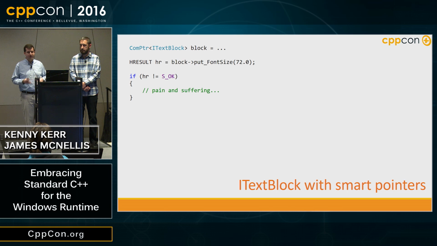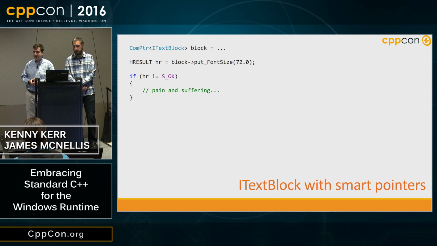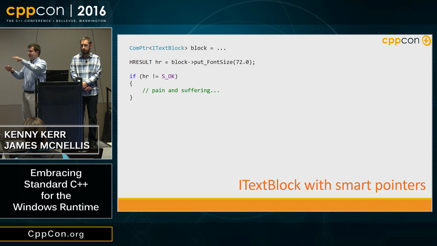It doesn't provide any weak pointer-like behavior as shared_ptr would, but the advantage that it has over shared_ptr is that it can take advantage of the intrusive reference counting that all of these IUnknown-derived things have, so it doesn't need to allocate a control block for the object. The other thing that ComPtr provides is some help to wrap up QueryInterface so that you don't need to deal with the GUIDs and the raw pointers.